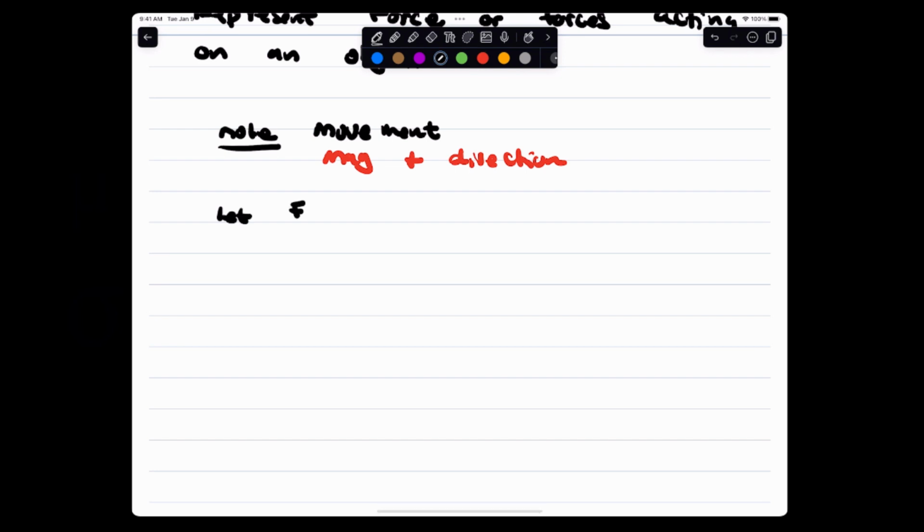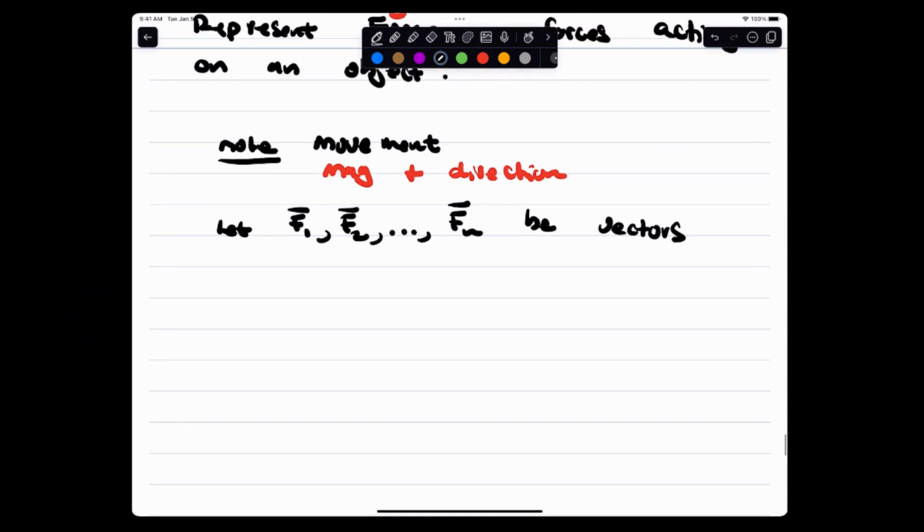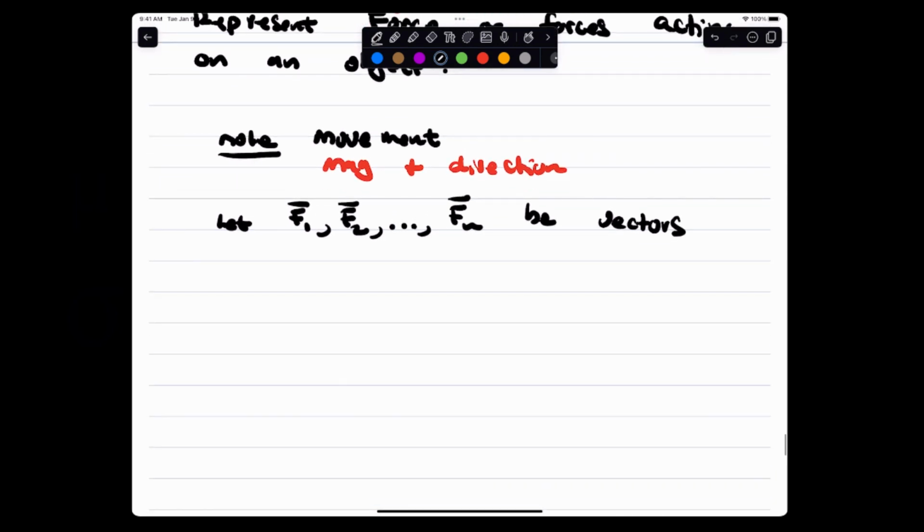Let F1, F2, dot dot dot up to Fn be vectors. They could be force vectors or movement vectors. They're just going to be vectors. Then we say vector R is the sum of those vectors.